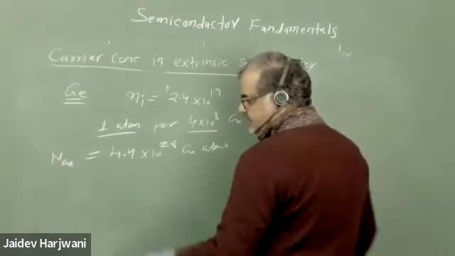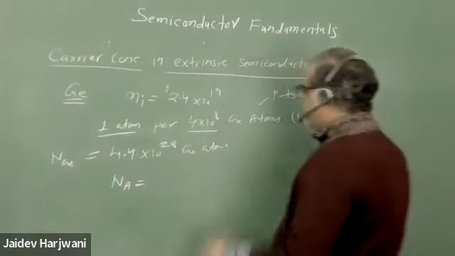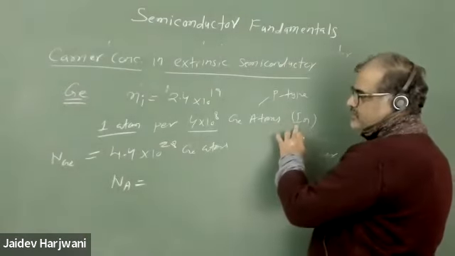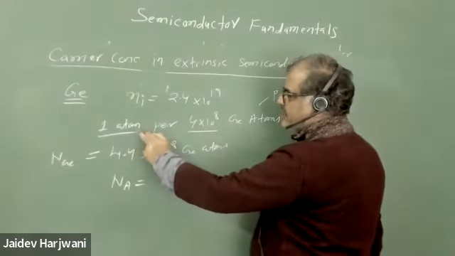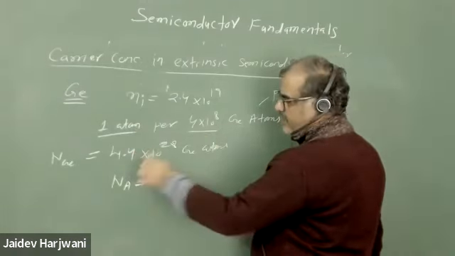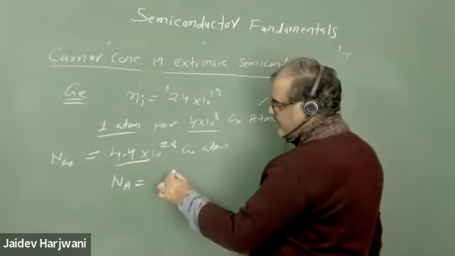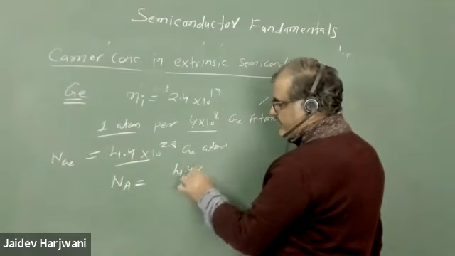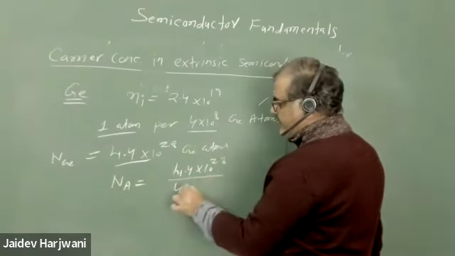So what is the concentration of dopant atoms, Na? Because it's indium, p-type doping. They are putting one atom in the host crystal per this many atoms, and the total atoms are this many. So how many impurity atoms are there? Impurity atoms are 4.4 into 10 raised to power 28 divided by 4 into 10 raised to power 8.